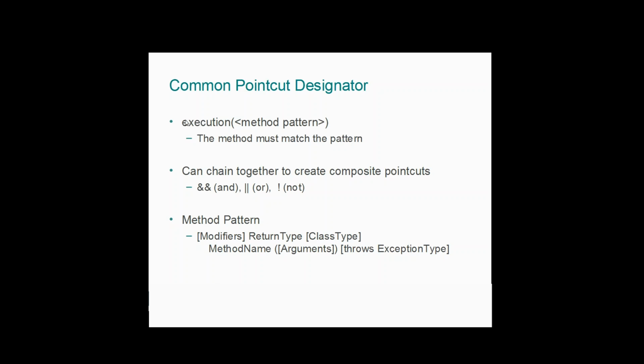I can define an execution with a method pattern, and if I want to make it a little more composite or complex, I can add these simple execution designator expressions using and, or, not, to make a chain of composite pointcut expressions. That's about pointcut expressions.